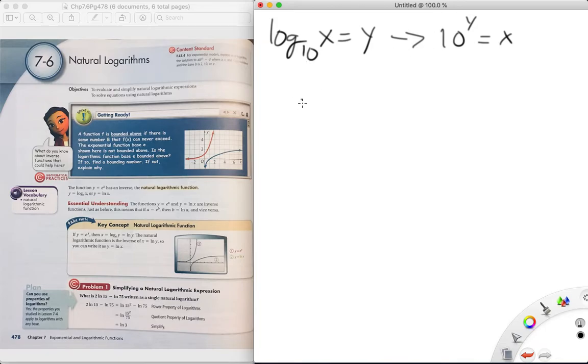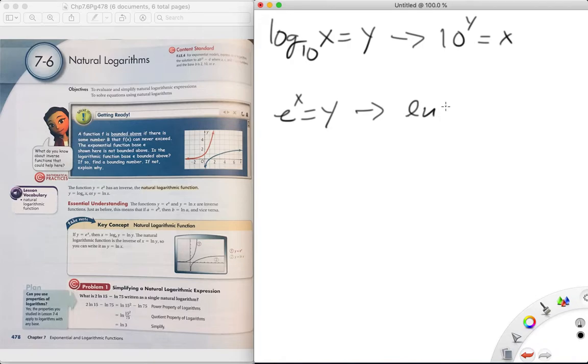Remember we talked about natural logs or exponential functions with the base e, right? e to the x equals y. The inverse of that would be ln, natural log.